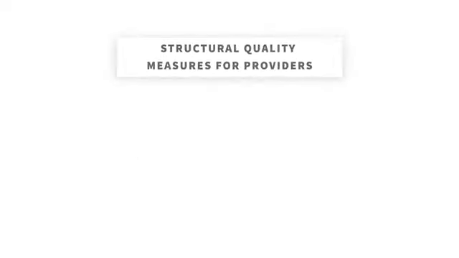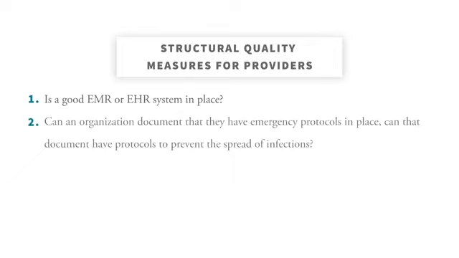At the level of a medical practice or a hospital, here are some structural measures you might encounter. Is there a good EMR or EHR system in place? Can it interact well with other systems, for example? Is there an ability to manage medication order entries or communication with pharmacies? Can an organization document that they have emergency protocols in place? Can they show they have a protocol to prevent the spread of infections?